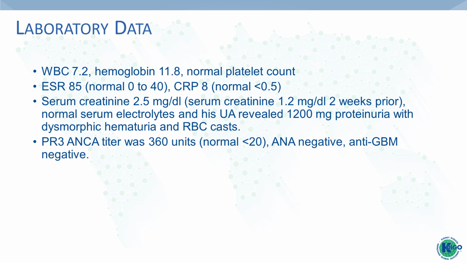Serum creatinine was elevated at 2.5 milligrams per deciliter compared to 1.2 two weeks prior to her presentation, and urine analysis revealed 1.2 grams of proteinuria and an active urine sediment. PR3 ANCA was positive at a titer of 360 units, and the remaining serologies were negative.